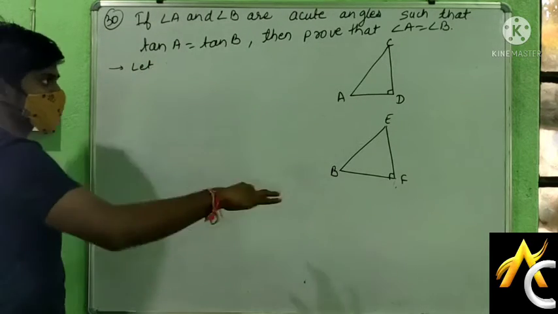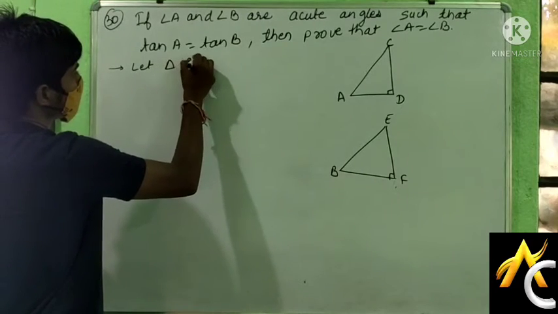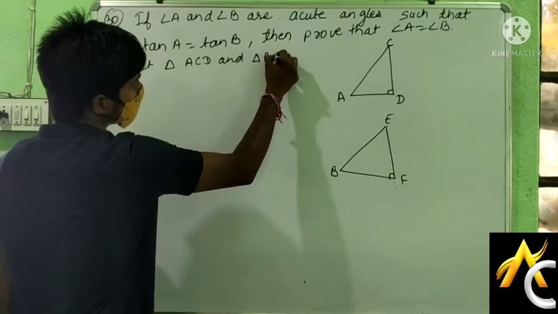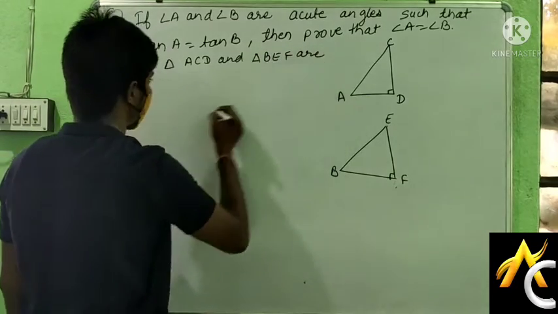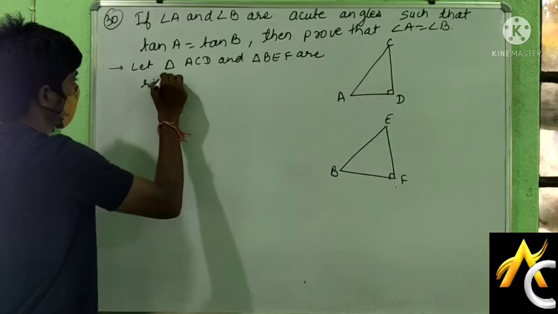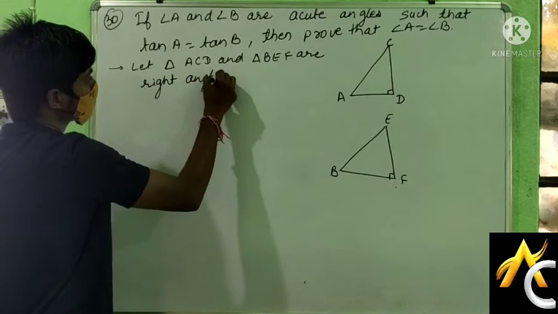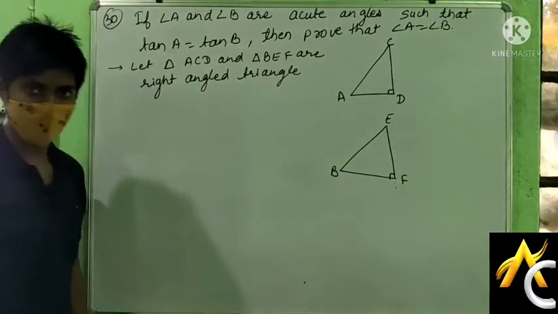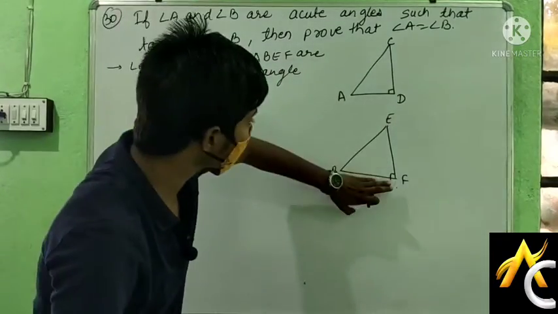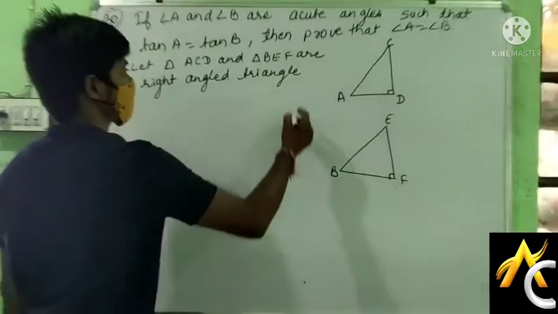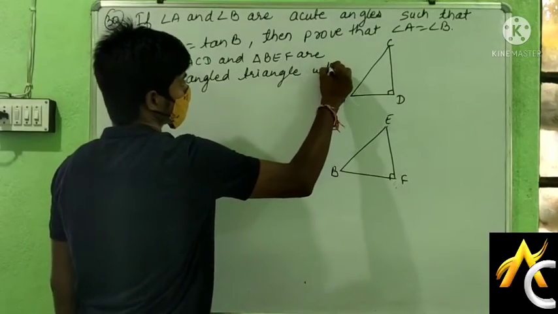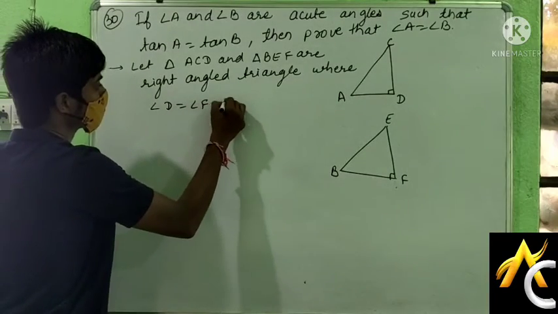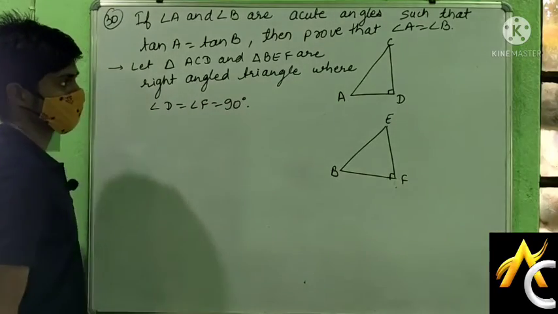So we are going to write it first. Let triangle ACD and triangle BEF be right angled triangles, where angle D is equal to angle F is equal to 90 degrees.